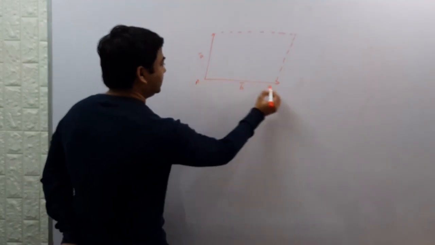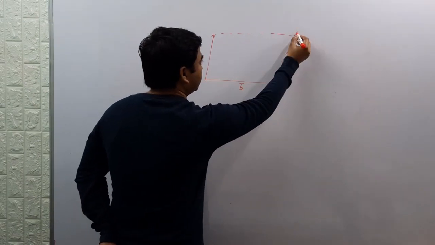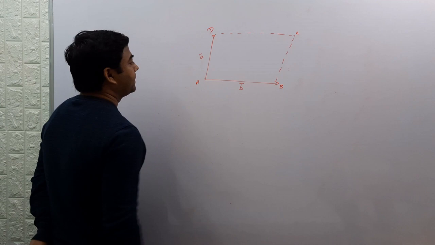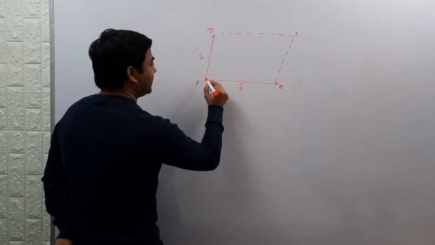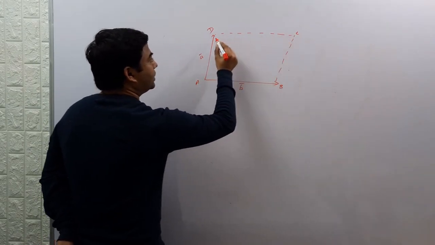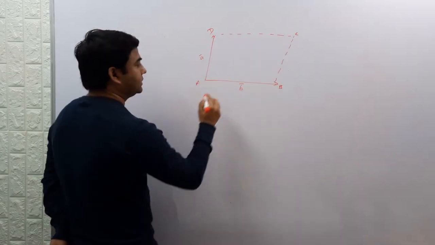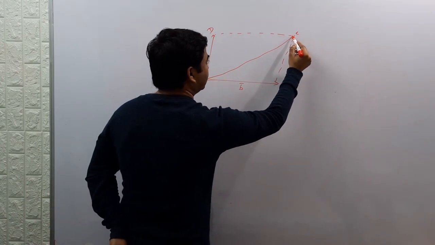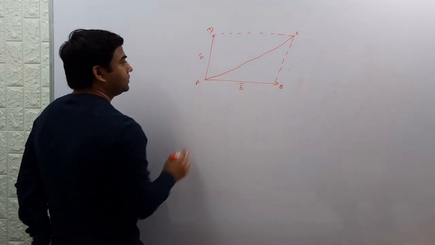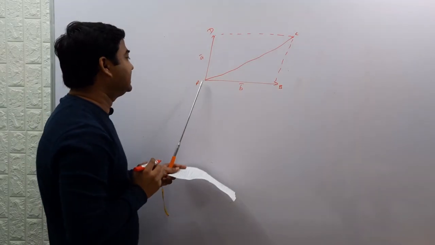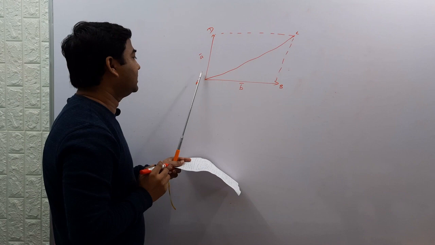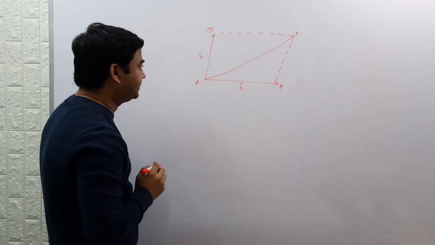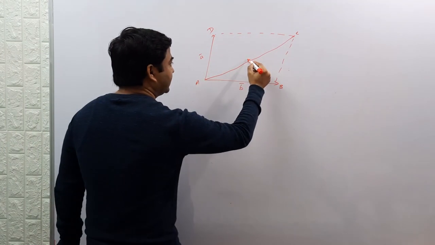This is parallelogram ABCD. The parallelogram law says that after completing the parallelogram based on these two given vectors, the resultant vector will be denoted by the diagonal of this parallelogram, which starts from the same point where vectors A and B are joined. So this is the resultant vector C.